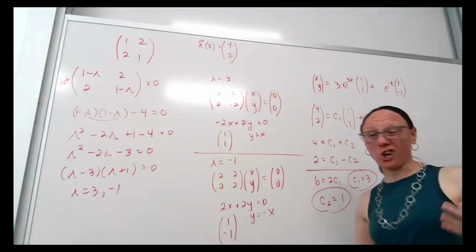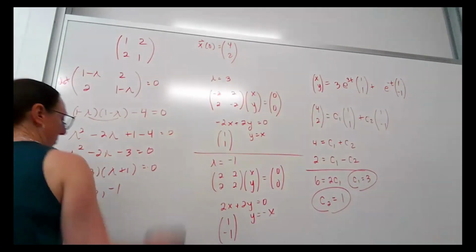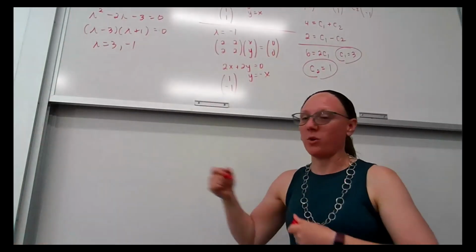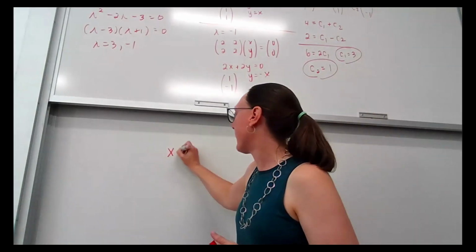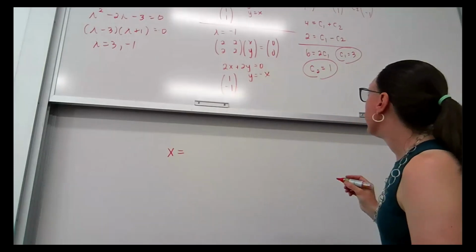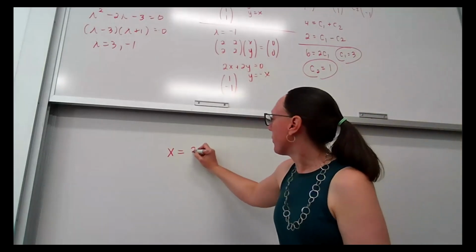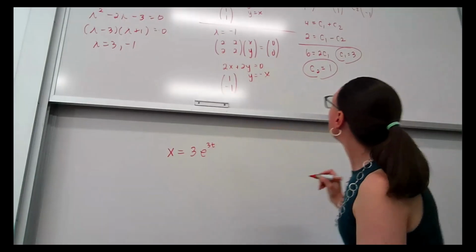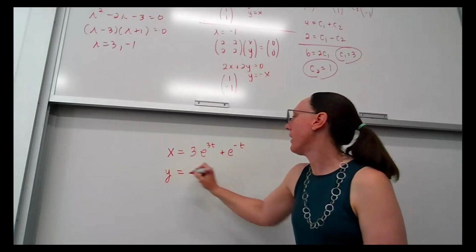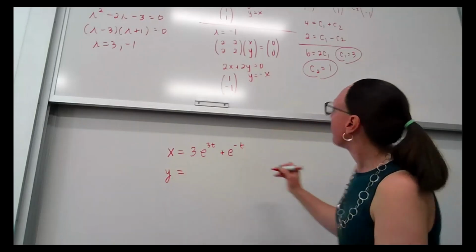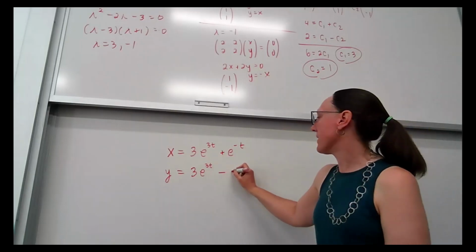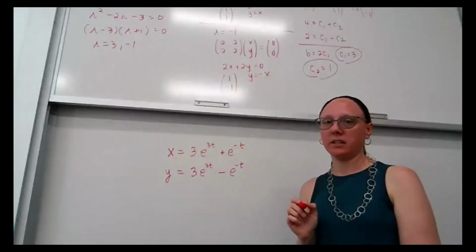So in terms of writing that out, x should be equal to, reading across the top here, 3 e to the 3t plus e to the negative t, and my y should be 3 e to the 3t minus e to the negative t. Okay.